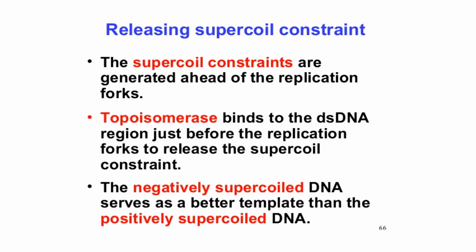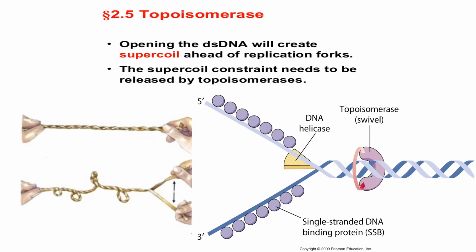Here the role of topoisomerase is to bind to the double-stranded DNA region just before the replication fork to release the supercoil constraints. There are two types of supercoils. The negatively supercoiled DNA serves as a better template, while the positively supercoiled DNA inhibits the replication or further formation of the replication fork.